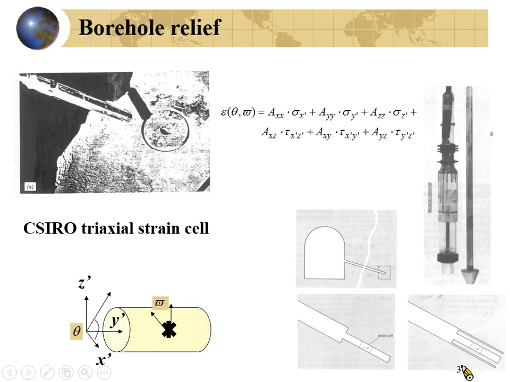You need to make a modification. Another possibility is to drill a borehole away from the tunnel wall, say 5 times the radius or 2.5 times the diameter of your tunnel. Then the stress concentration will be minimized.